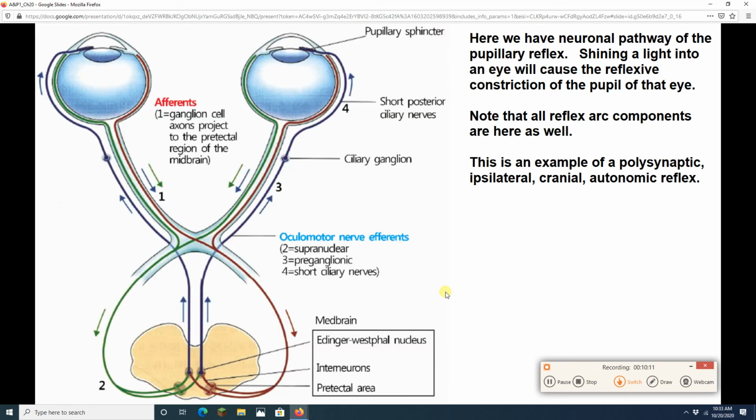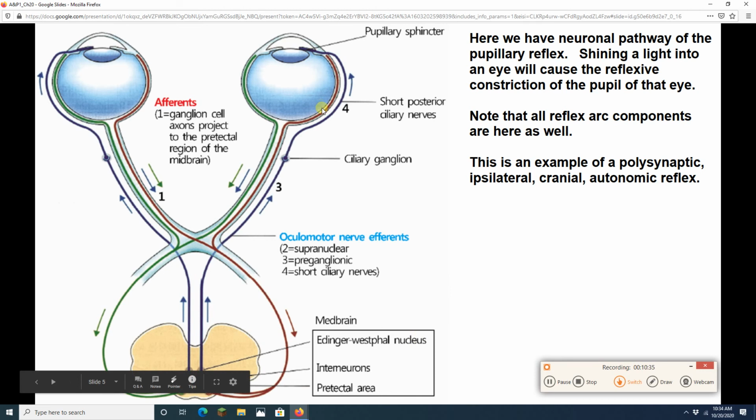Got one more reflex to do. Here we're looking at the neuronal pathway of the pupillary reflex. You can do this at home. Find a volunteer, shine a light into their eye, and see the reflexive constriction of the pupil of that eye. We're going to have all the arc components as well.